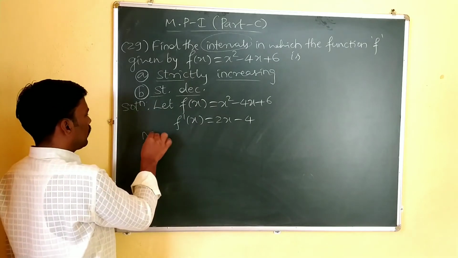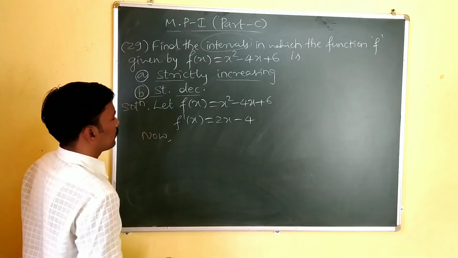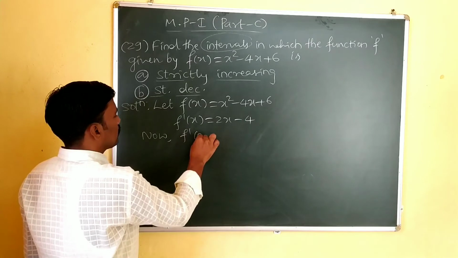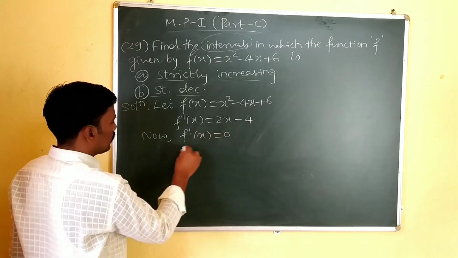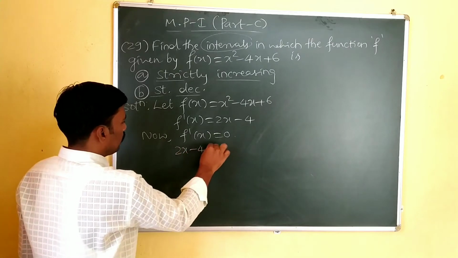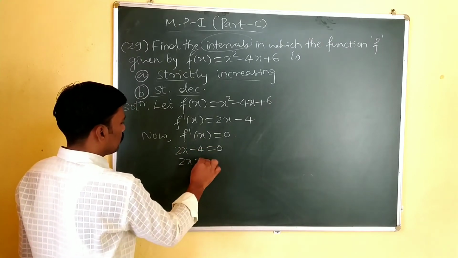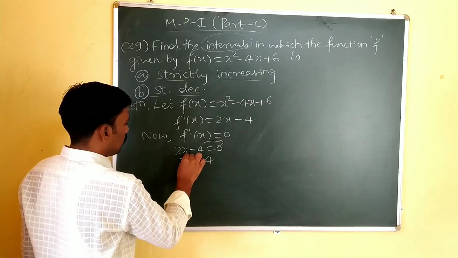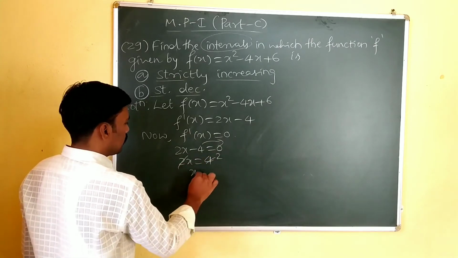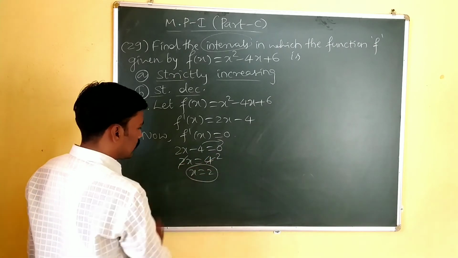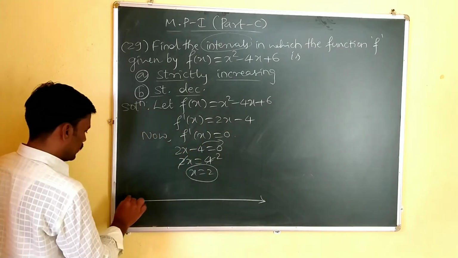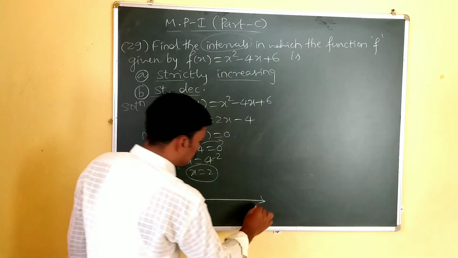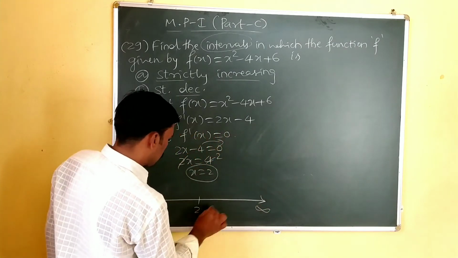And now for increasing or decreasing functions, we have to take f dash of x is equal to 0. So what is f dash of x? It is 2x minus 4 is equal to 0. So 2x is equal to 4. So x is equal to 2. So now this single point divides the number line into two parts. So this is minus infinity and this is plus infinity. And this is 2.